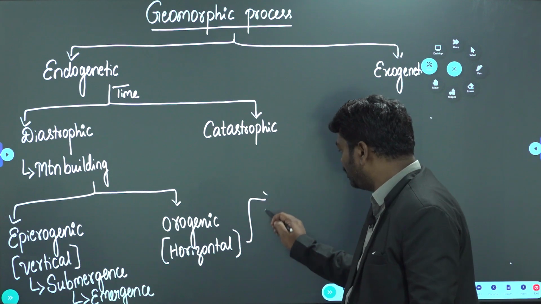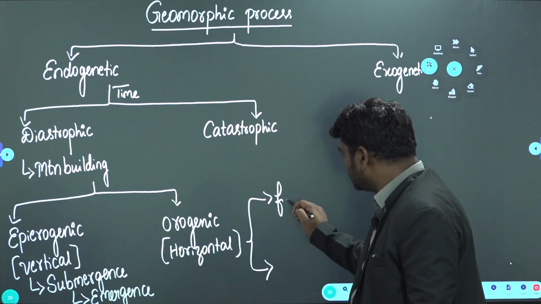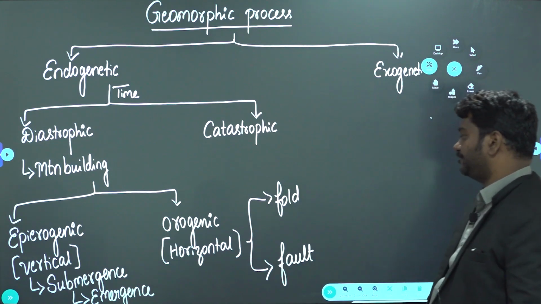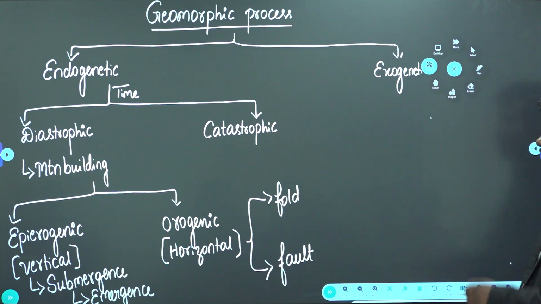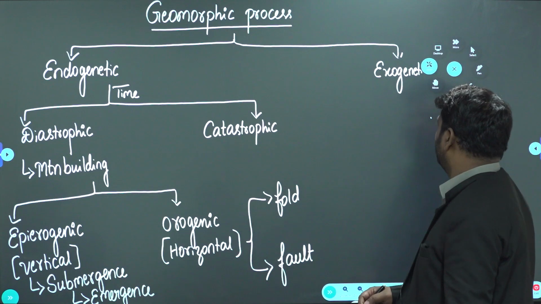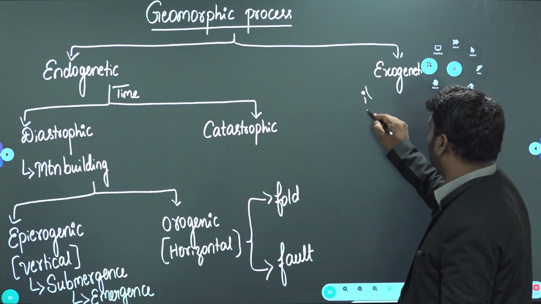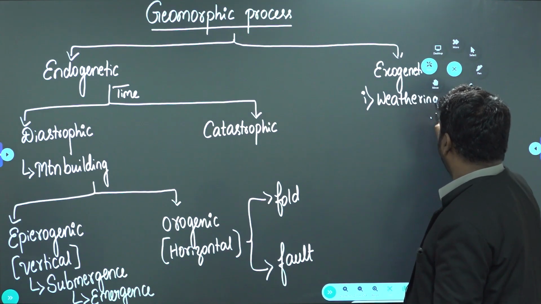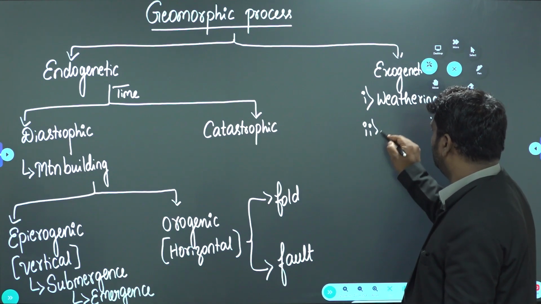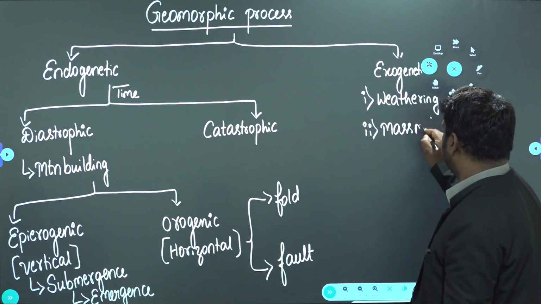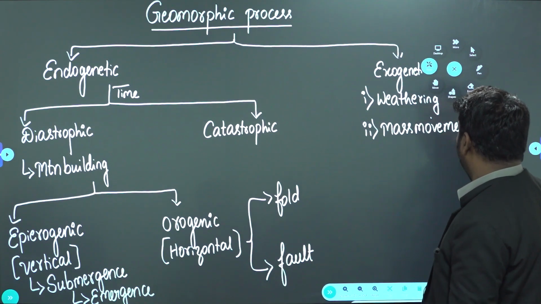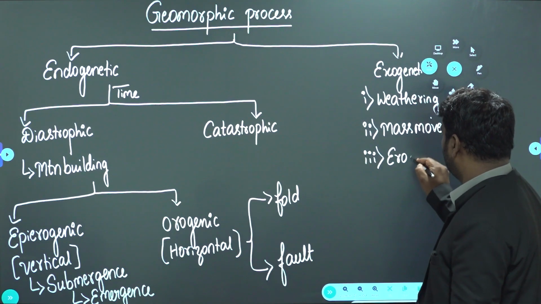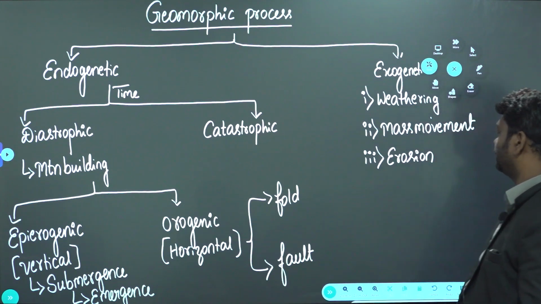When we say horizontal movement, we talk about two things. One is fold, another one is fault. Exogenetic, 3 words: weathering, mass movement, erosion.